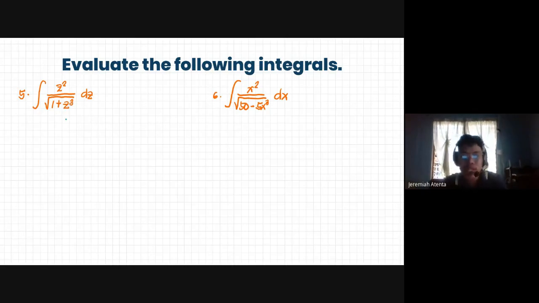Okay? So, let's try number 5. What do you think is the expression that we need to let u, or we need to substitute to u? What do you think? Is it z squared or 1 plus z cubed?